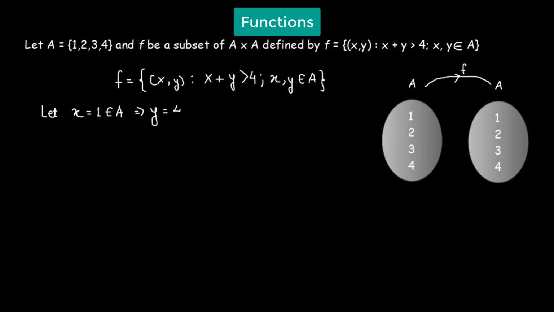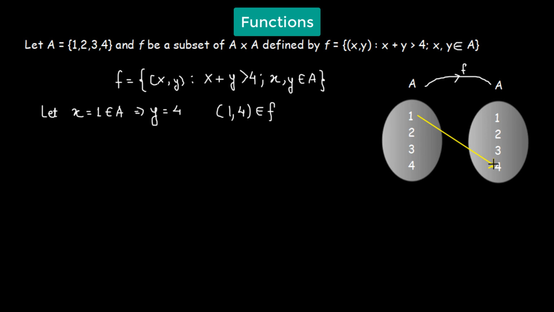That number can be only 4, because 1 plus 4 gives us 5, which is greater than 4. So we form the ordered pair (1, 4), and this must belong to our set F. For any other combination, we will not get an ordered pair which satisfies the condition of set F. So we have the first ordered pair, 1 going to 4.